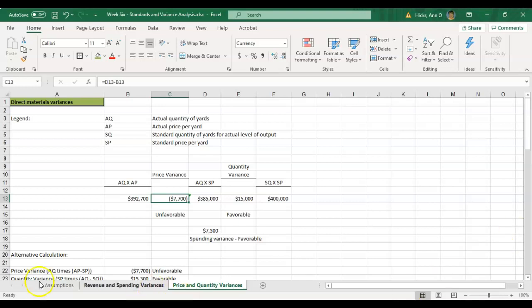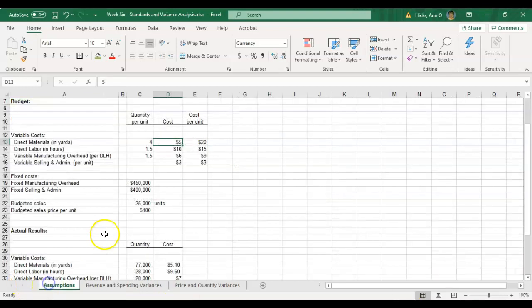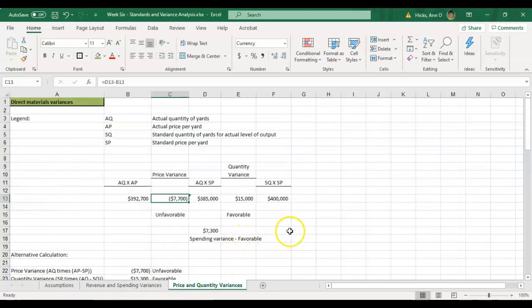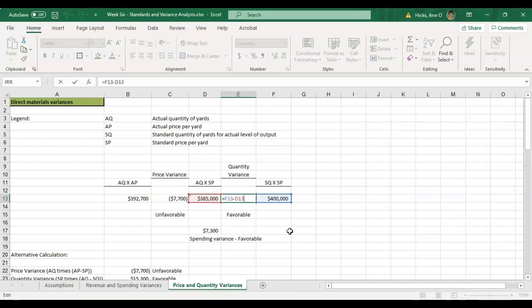And if you look back at our data, it's intuitive because we paid $5.10 per yard when our standard was $5 per yard. So we would have expected that to be unfavorable.